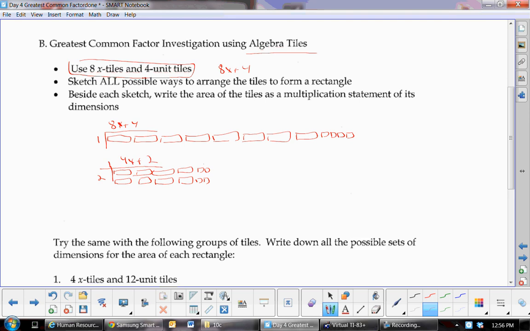And you see that 2 times 4x plus 2 is the same thing as 8x plus 4, right? So it's still correct. What's another rectangle?